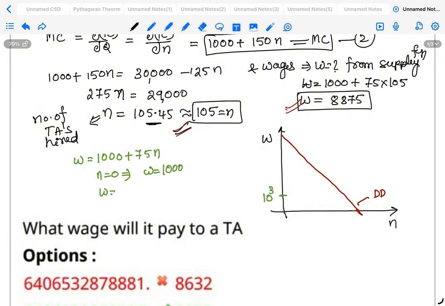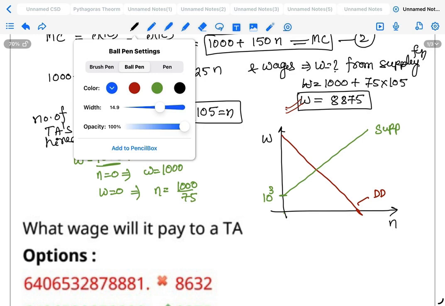Put W equals 0, and N equals 1000 by 75. This equation is y equals mx plus c, where this is the y-intercept term. So this is the supply function.